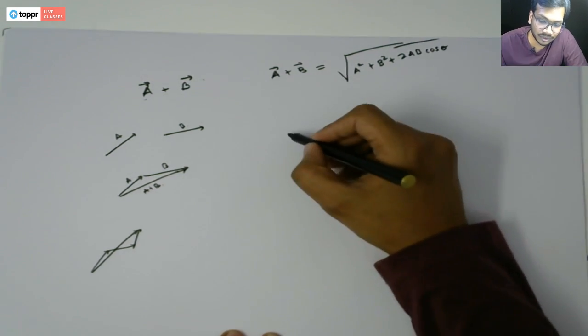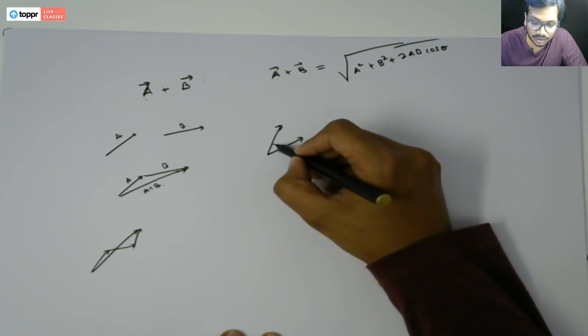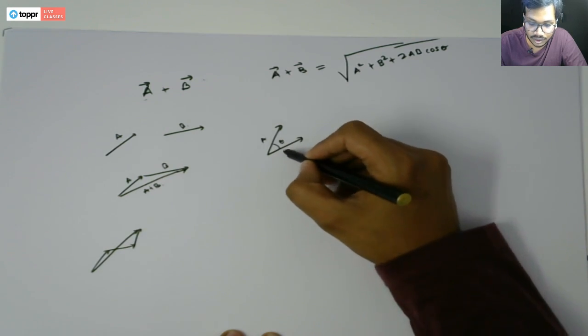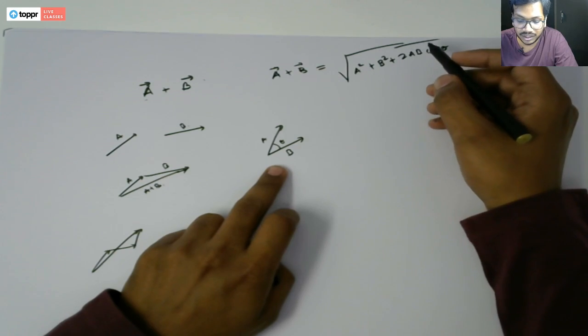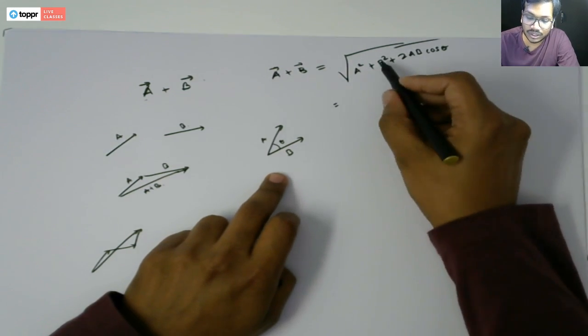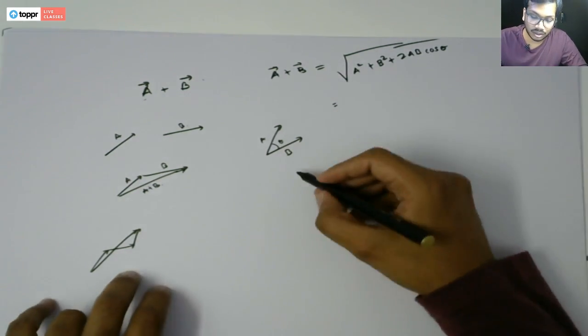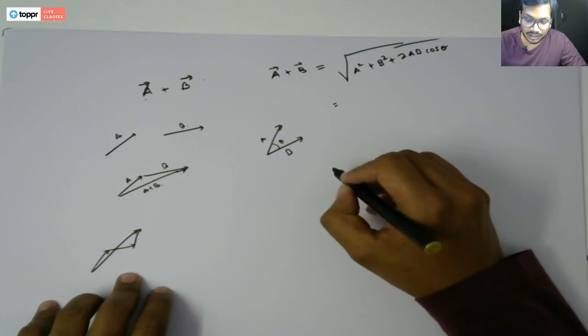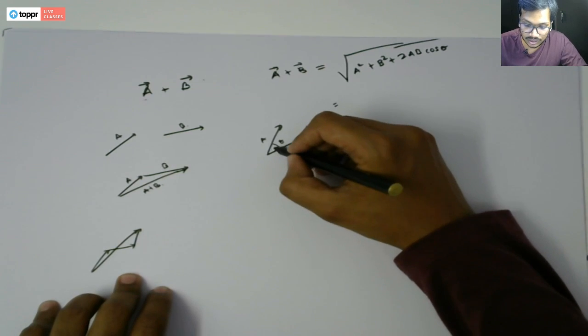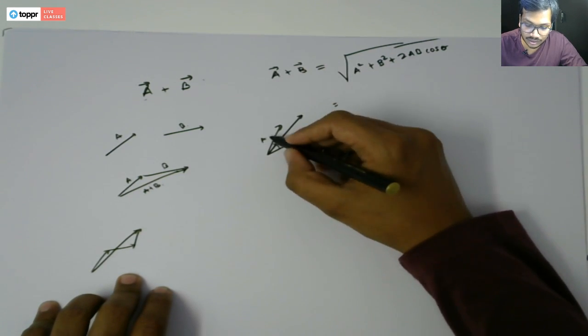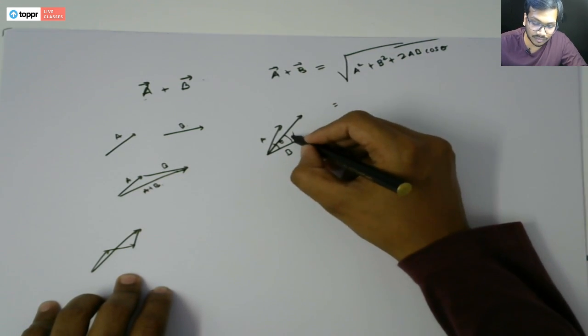Theta is the angle between the two vectors, and A and B are the magnitudes of the vectors. So from this you'll get the magnitude of the resultant vector. And for the angle that it makes, we find tan alpha. So let's say this is the resultant of A and B, and it makes angle alpha with B.